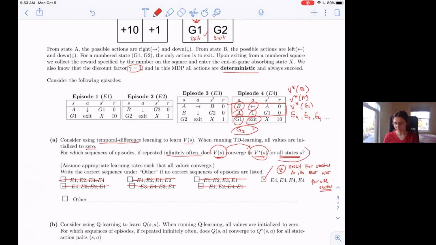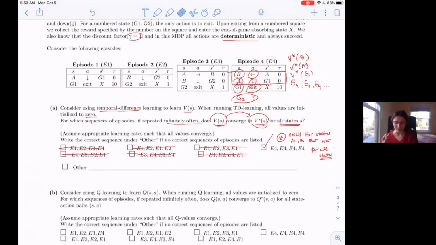And for all states was part of our problem here. So this is a conditional accept of the sequence of E4, E4, E4, but only in the case where we care about these non-exiting states.